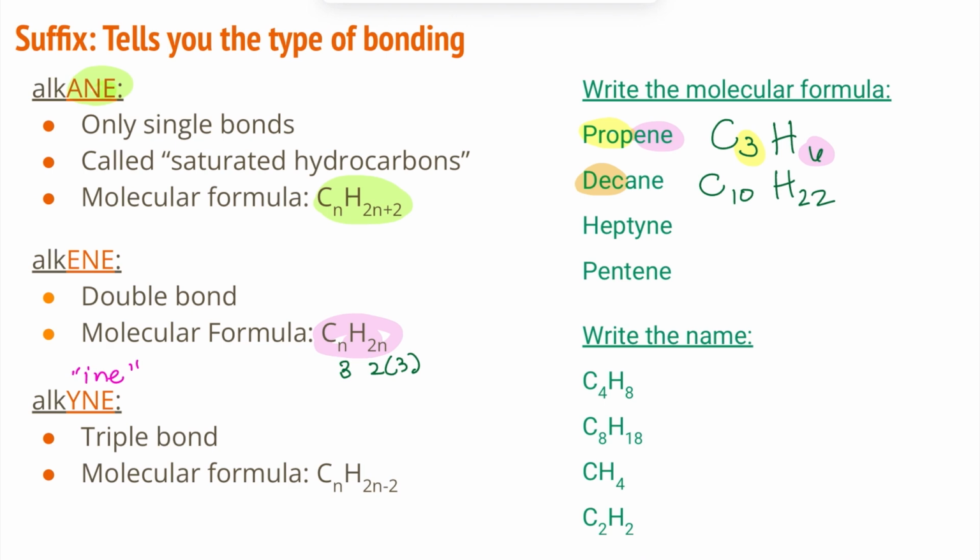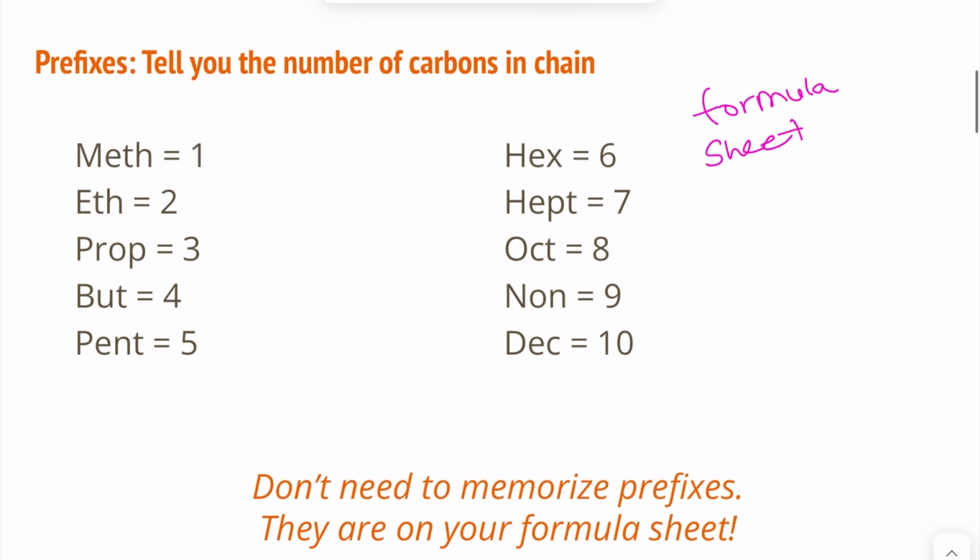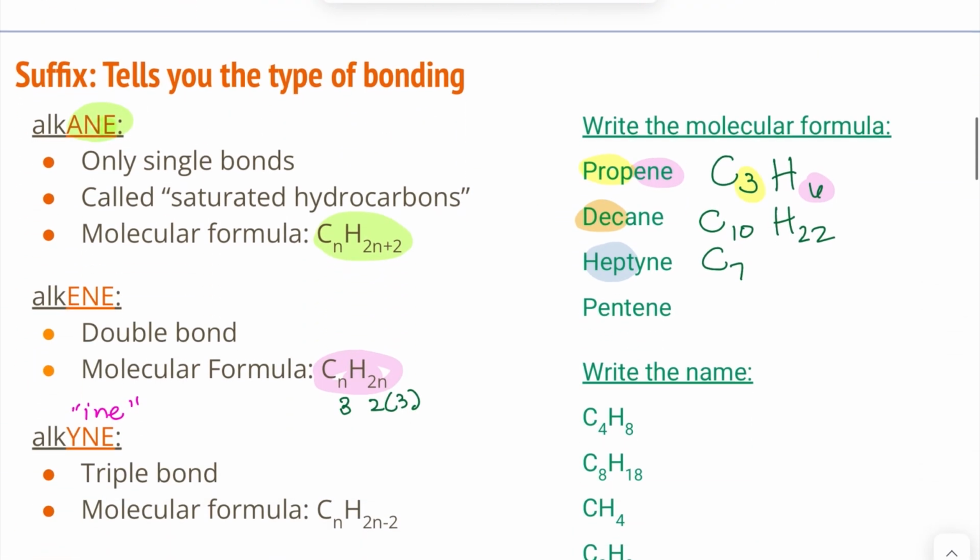We've got heptine. So hept is 7, C7. Again, that's coming from our prefixes. That's telling us our number of carbons.